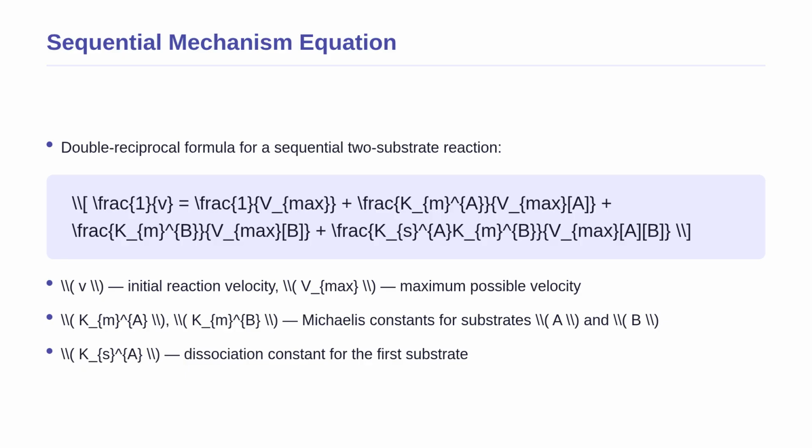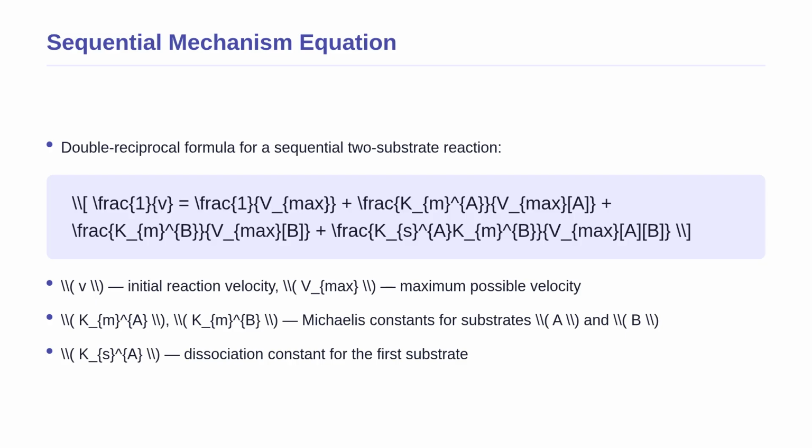Now, let us look at the mathematics behind the sequential mechanism. This equation comes from expanding the standard Michaelis-Menten model to account for two molecules binding simultaneously. Let us break down the symbols. The variable V is the initial reaction velocity, and Vmax is the absolute maximum speed. The terms in brackets, A and B, are our substrate concentrations.